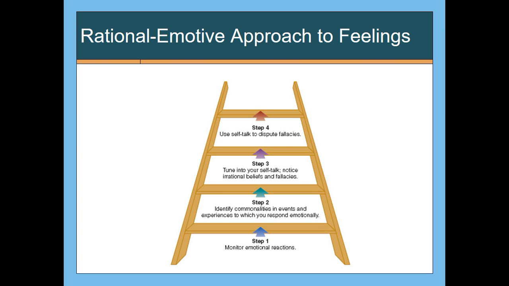The next step is to identify commonalities in events of when that happens to you. So, okay, I felt nervousness, which was coming from shaking hands, sweaty palms, heart rate going up, all of those things. I felt that nervousness when I was around my boss. But I also felt the same way when I got pulled over by a policeman.